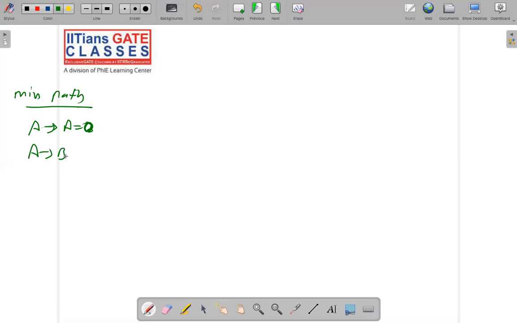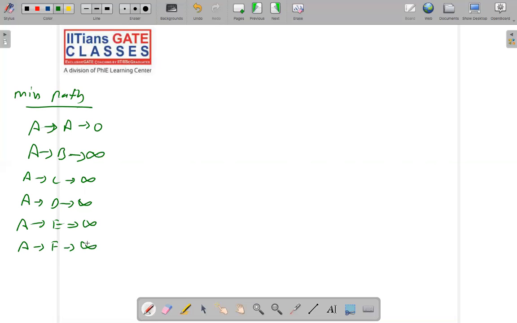From A to B, we don't know yet, so let's write it down as infinite. A to C is infinite initially. A to D is infinite. A to E is infinite. A to F is also infinite. Initially it goes like this.